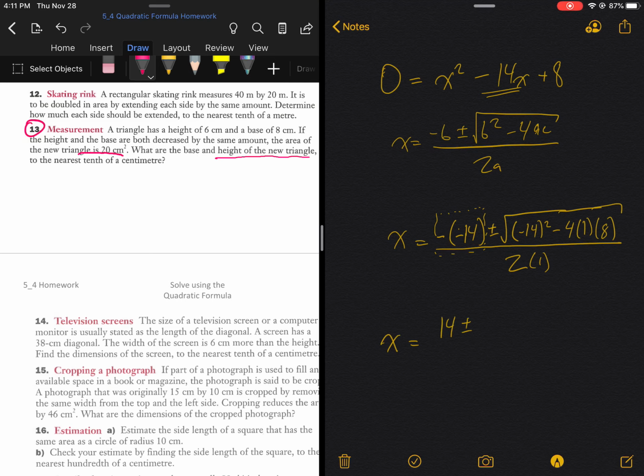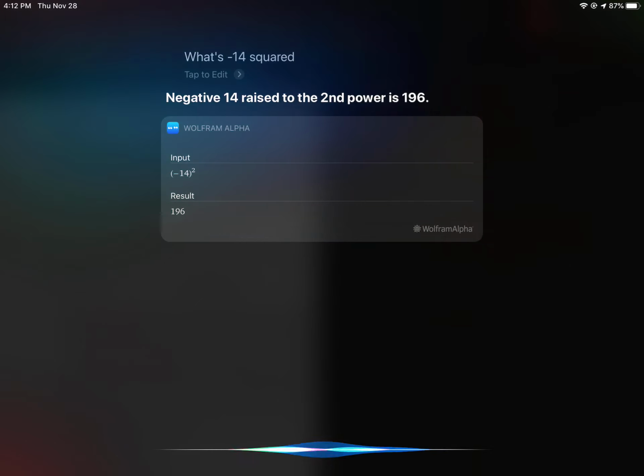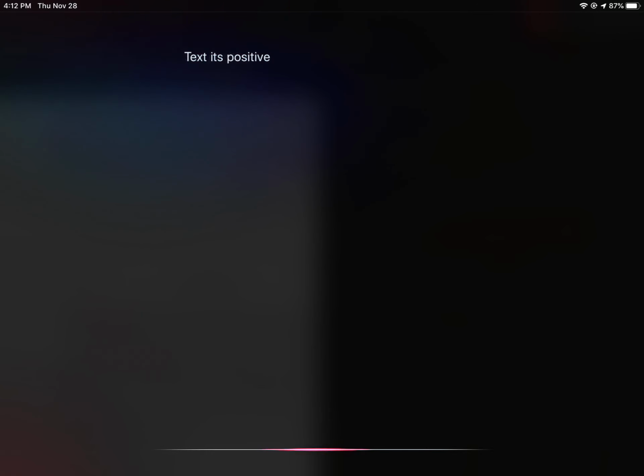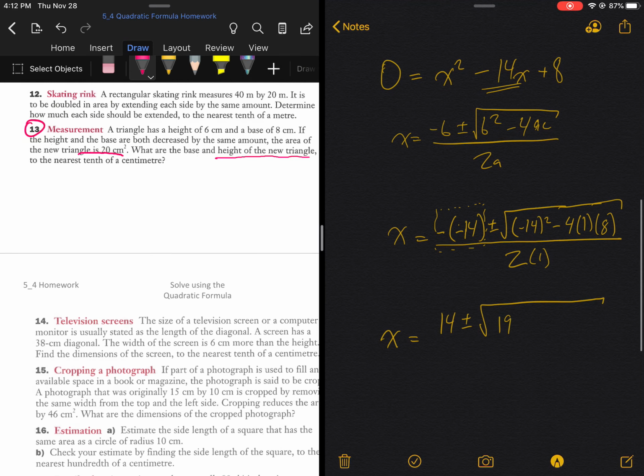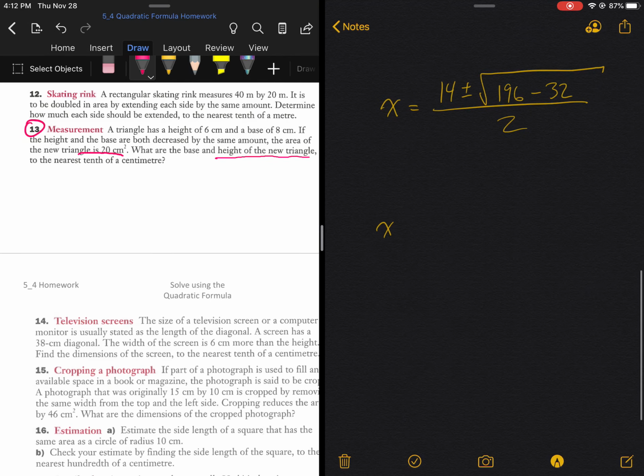Okay, x equals, let's start here. Minus minus 14 becomes 14, plus or minus the square root of negative 14 squared. When we square it, it becomes positive 196, minus 4 times 8, which is 32, all over 2.